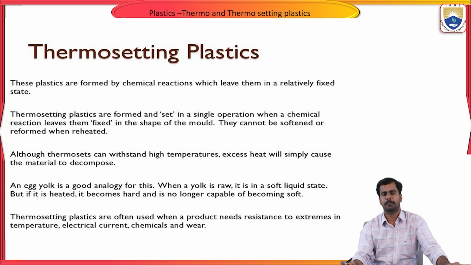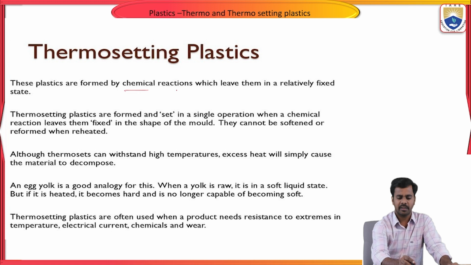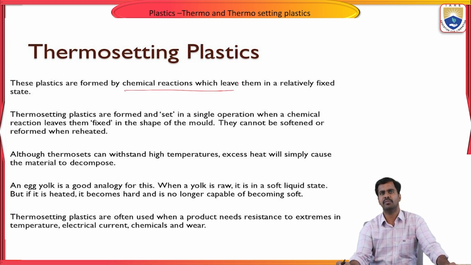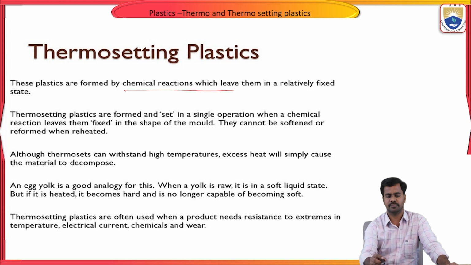Next, coming to the types of plastics. Usually, on the basis of molding property, plastics have been classified into two types, that is thermoplastics and thermosetting plastics. So what is a thermosetting plastic? A type of plastic formed by chemical reactions which leave them in a relatively fixed state.